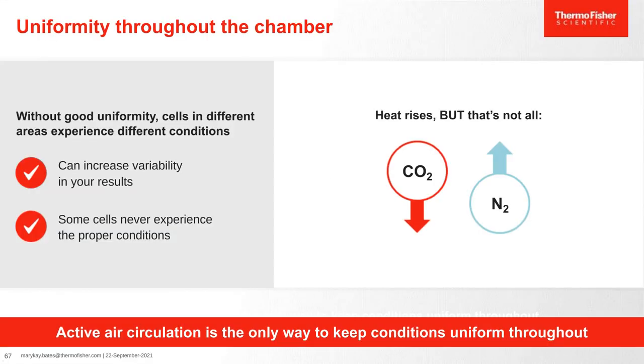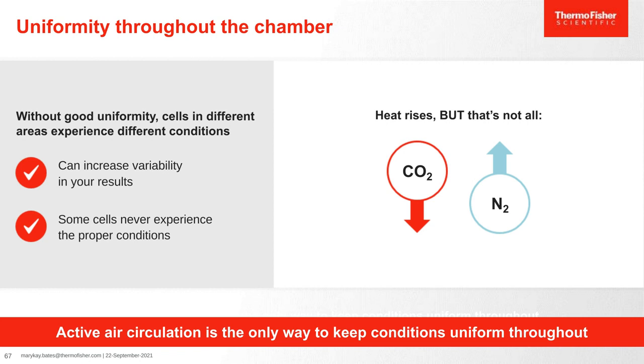So I know we think about this maybe with temperature, but I also want to point out that heat rises, but CO2 gas is heavier than air, so it sinks. So you might have different pHs in different areas of the incubator, especially as you start to use larger vessels for production.